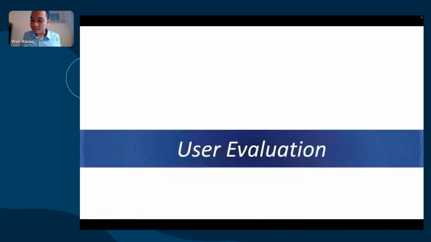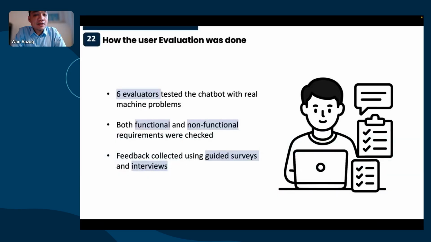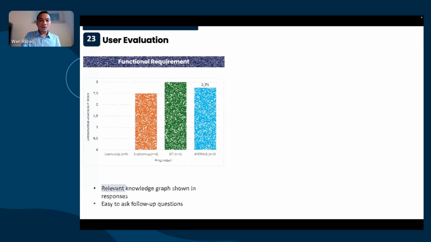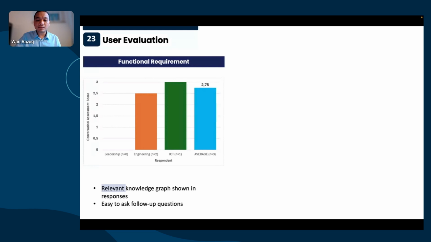Okay, final step, user evaluations. I evaluated this with 6 evaluators for both functional and non-functional requirements, and also collected feedback using guided surveys and interviews. What are the results of the evaluations? In general, when it comes to functional requirements, across all 6 evaluators from various roles, it produced really good scores, around 2.5 to 3.